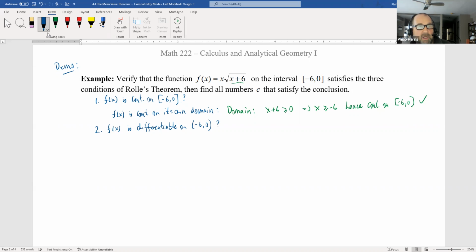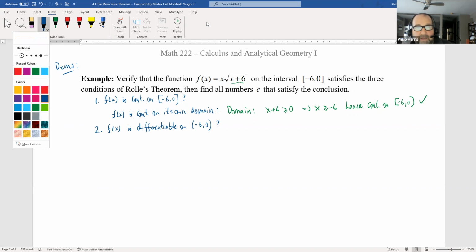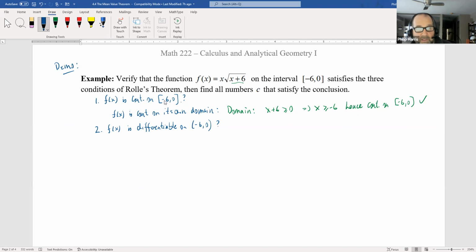In order to judge differentiability, we want to see that the derivative f prime is well-defined and continuous on -6 to 0.